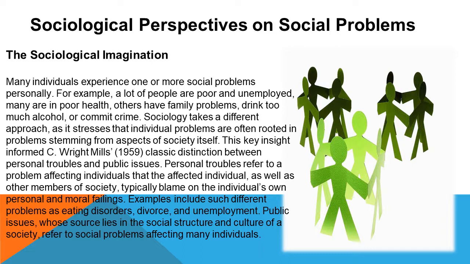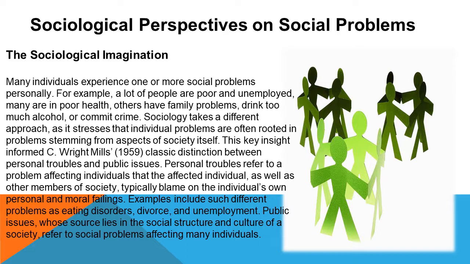Sociological perspective and social problems. First is the sociological imagination. Many individuals experience one or more social problems personally. For example, a lot of people are poor and unemployed.